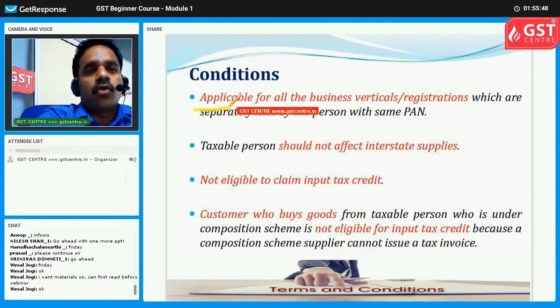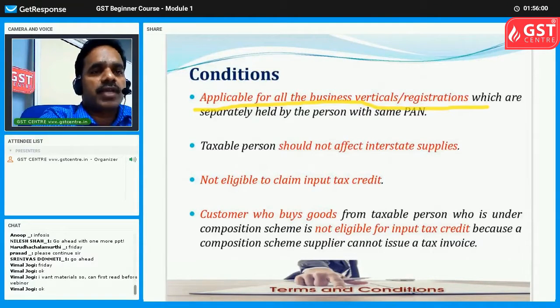Then when one person is opting for composition, it will be applied to all business verticals or registrations held by that person under the same PAN. Say one person has a supermarket and a textile manufacturing unit. Both are different businesses, called different verticals, with no connection.